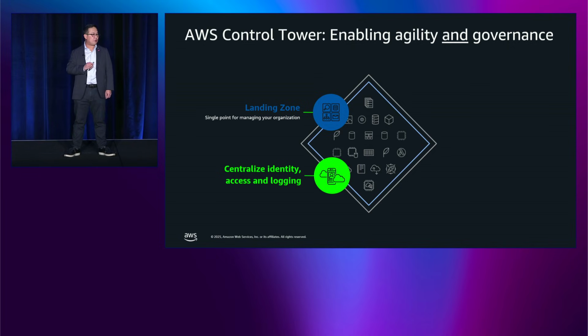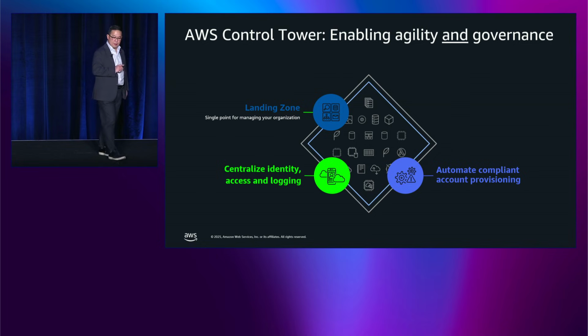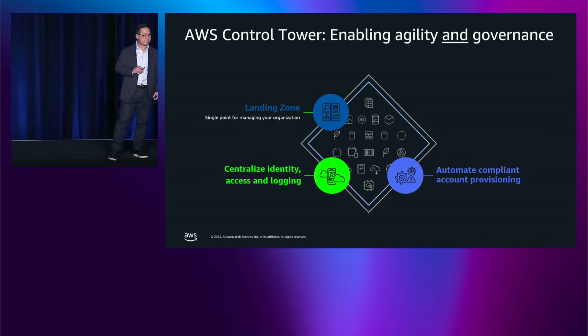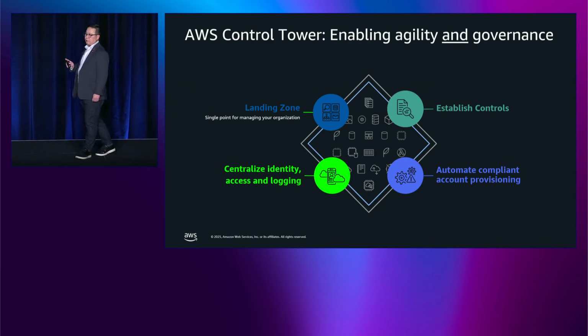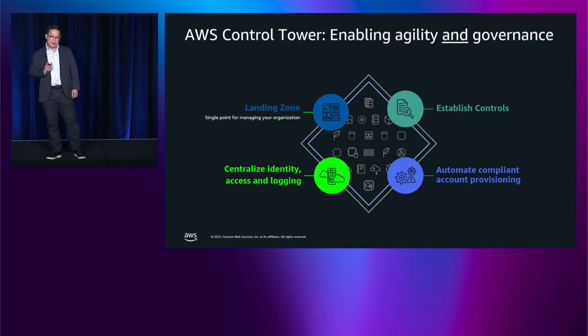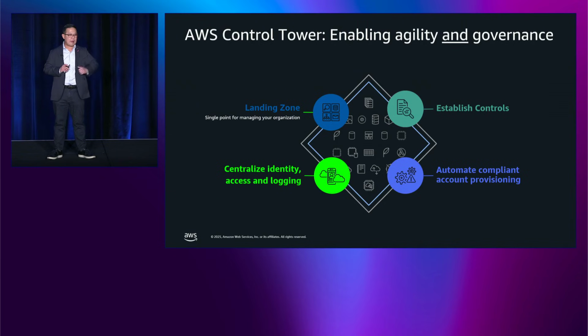And this is very crucial as you accelerate and grow in your environment. It will automate compliant account provisioning, as well as establish controls for your workloads. And this may be a preventative control, a detective control, or a proactive control.